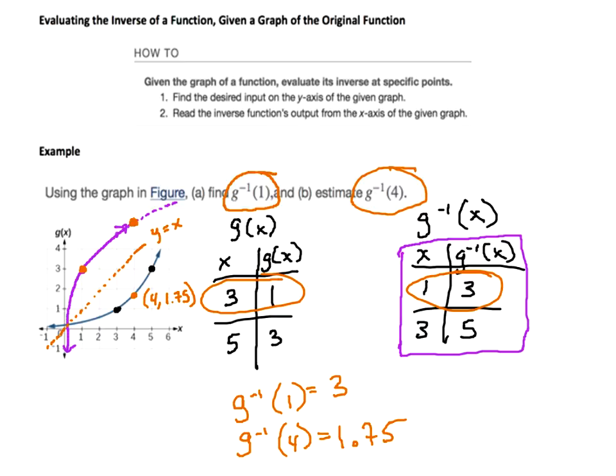Give me 2 seconds to think about this. So with the g function, that's my blue one, my original function, when I plug in 4, I get out about 1.75.